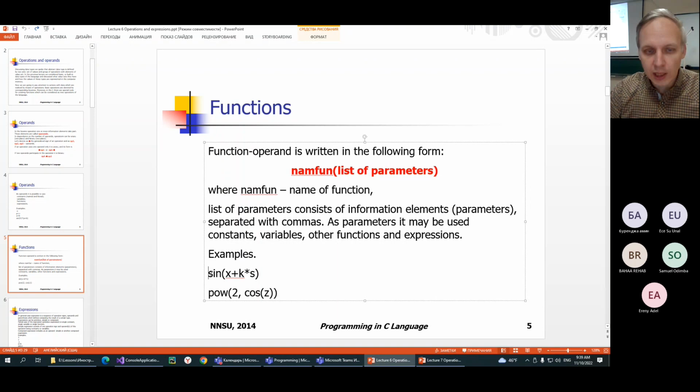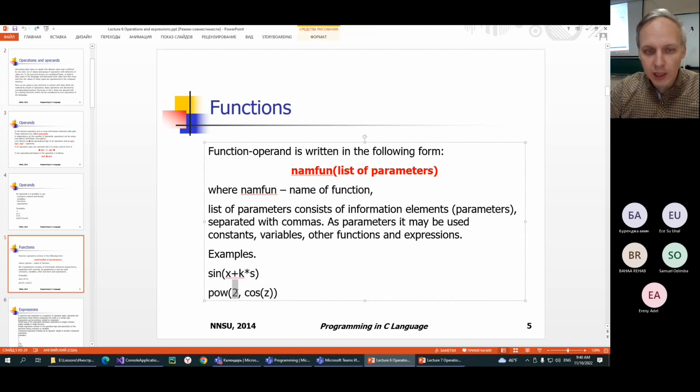So these are two examples of operations that are implemented as functions: sinus of x plus k times s, and power.